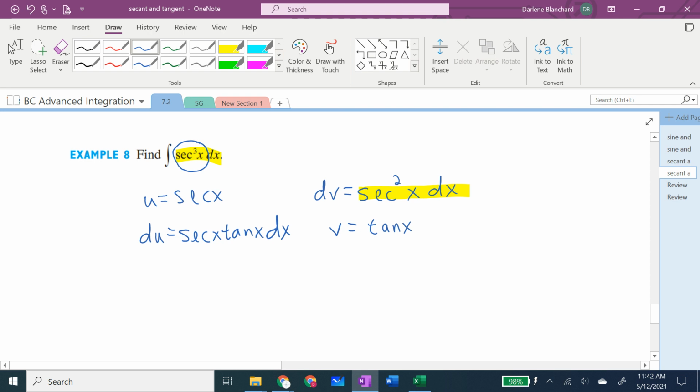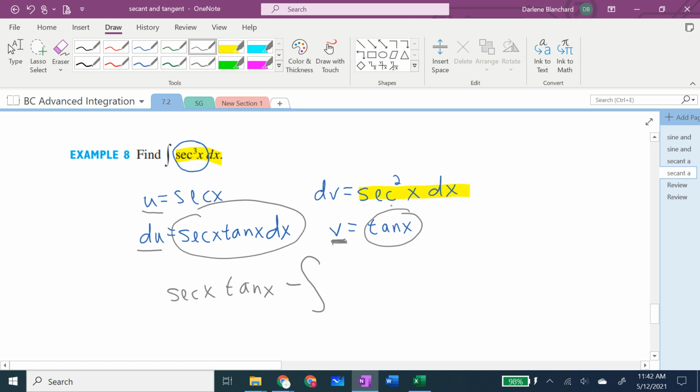And what is the formula for integration by parts? u times v minus the integral of v du, the two results. When I put those together, I have secant x and tangent squared x times dx.